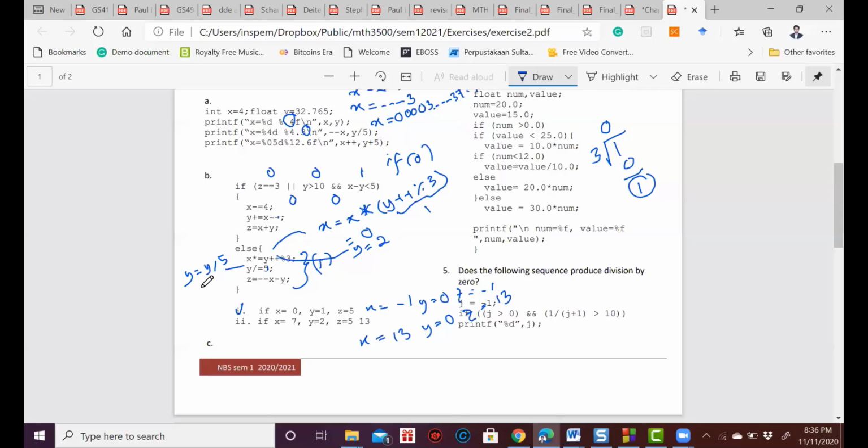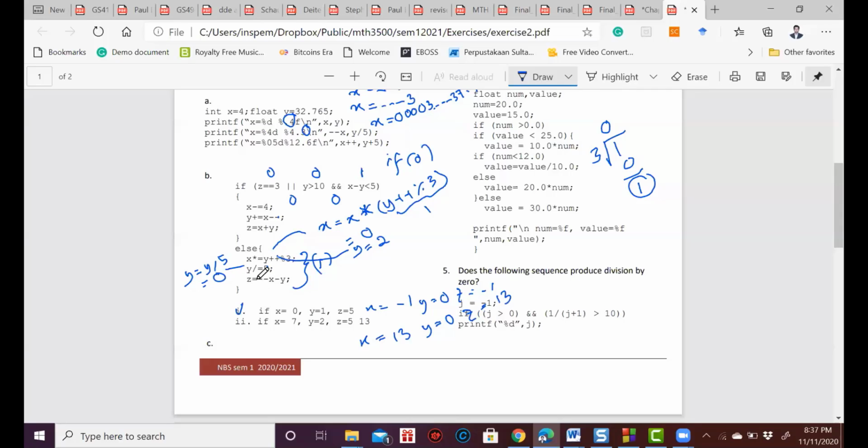Zero. That's right. 2 divided by 5 is 0 point something. But in C logic, 2 is integer, 5 is integer, integer divided by integer, the result is integer. So not 0 point something, which would be float. We take only the integer value, 0. Now here y is 0.